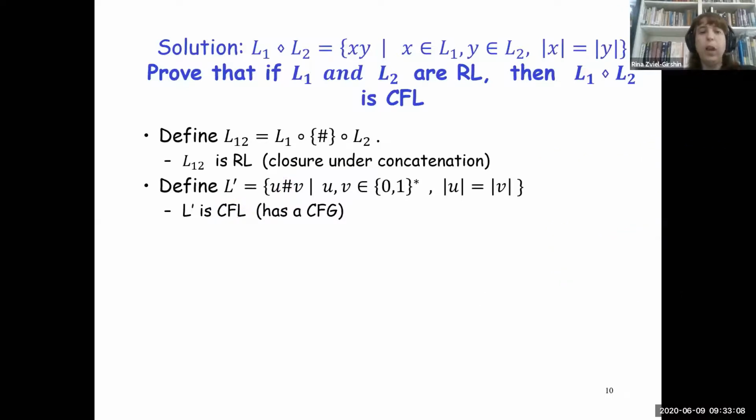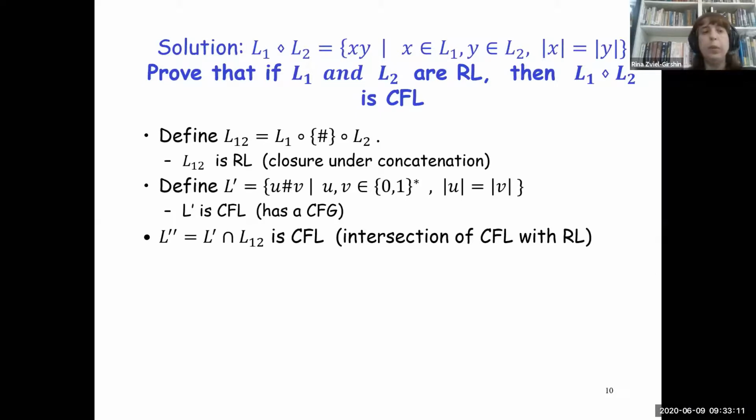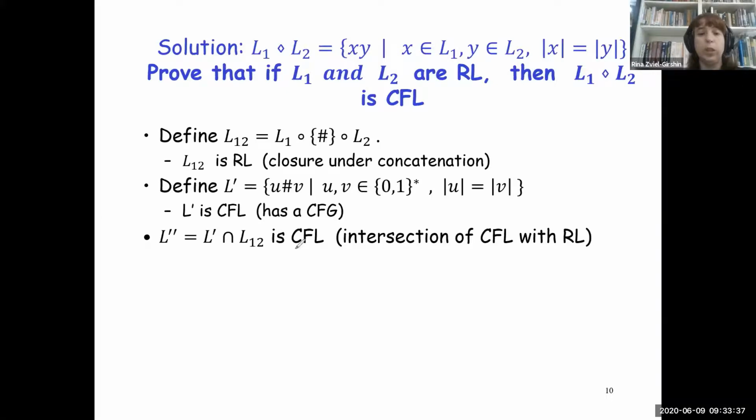Okay, now let's move to the next step. I will define the new language L2 cap as L cap intersected with L12. So I have once again an intersection between a context-free language and a regular language. The intersection between a context-free language and a regular language is a context-free language. So this new language is definitely a context-free language.